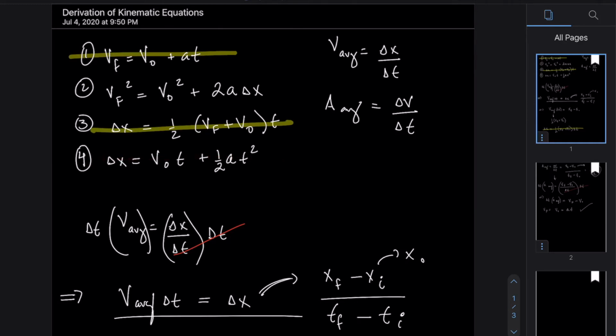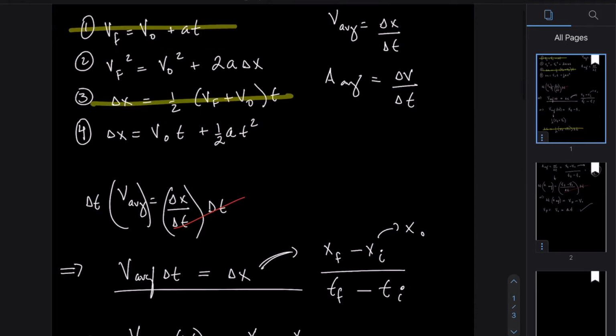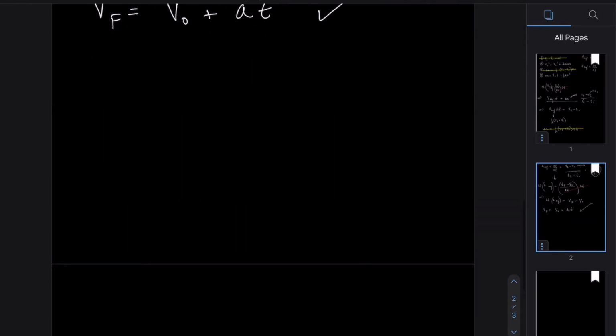The displacement is equal to initial velocity times time plus 1/2 at squared. So let us start with, let's see here, the equation. Let's start down here. V final is equal to v initial plus at. I'm just going to put that up here. That's what we just solved right here, right?